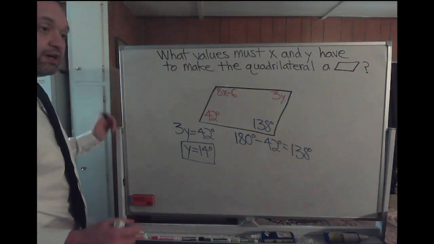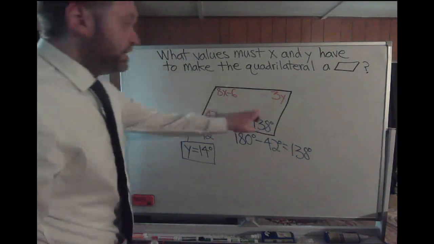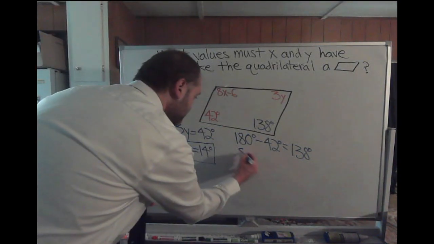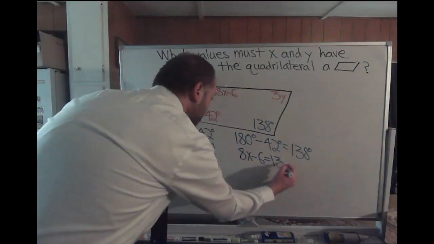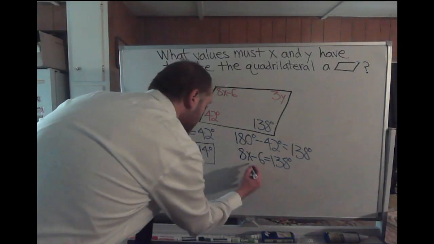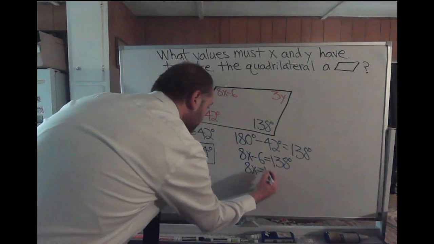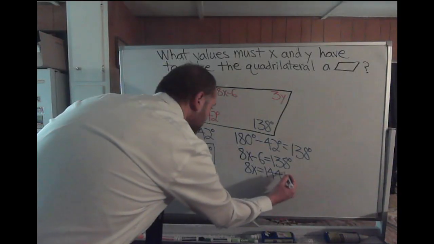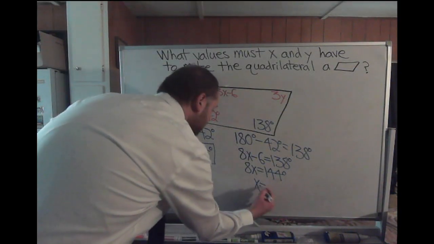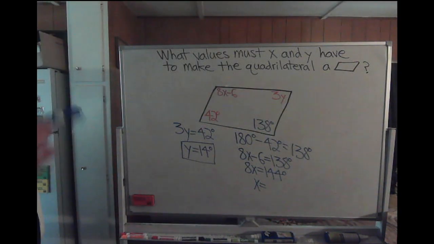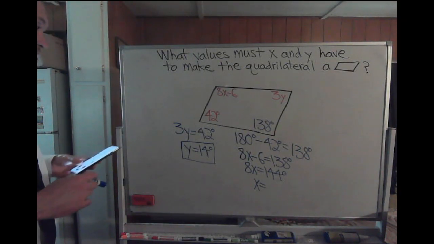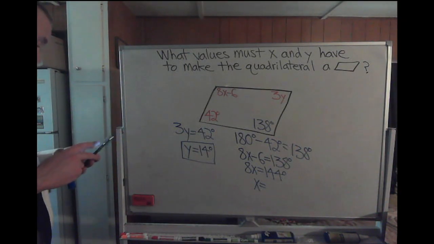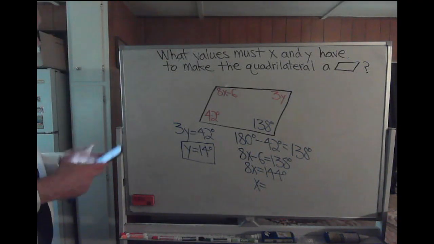And if this is a parallelogram, then these two angles are congruent. So that means 8x minus 6 equals 138 degrees, which would mean 8x equals 144 degrees. Then x is just 144 divided by 8, which would be 18.